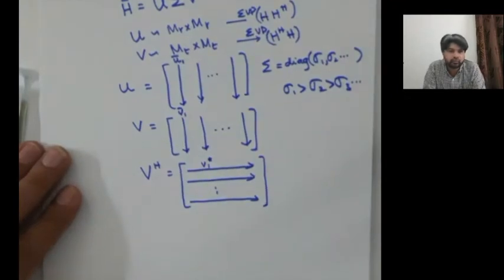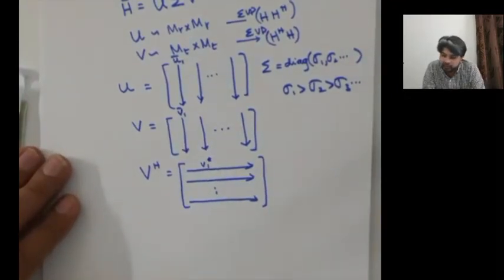So that would be V Hermitian. Now all of this would be used when we want to achieve the diversity gain from the MIMO systems.